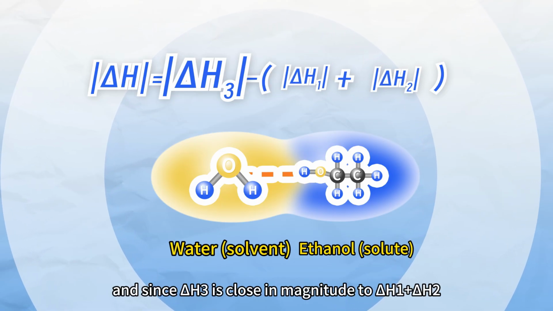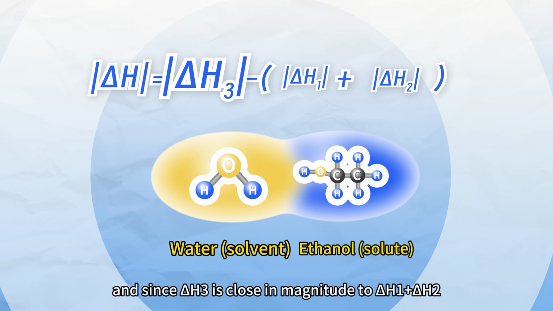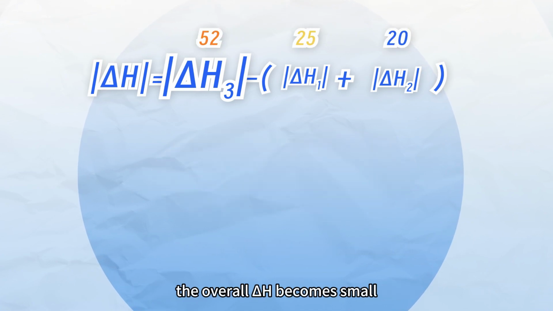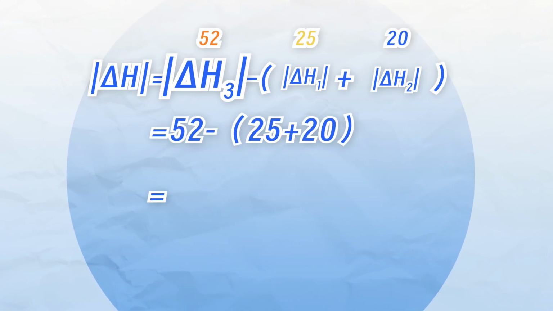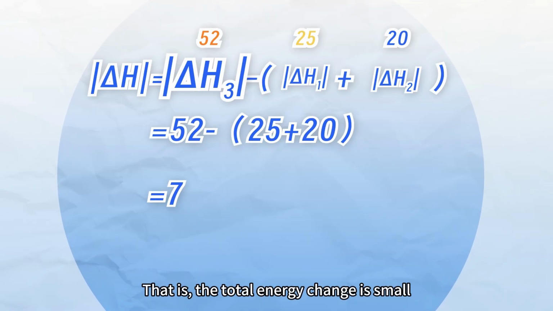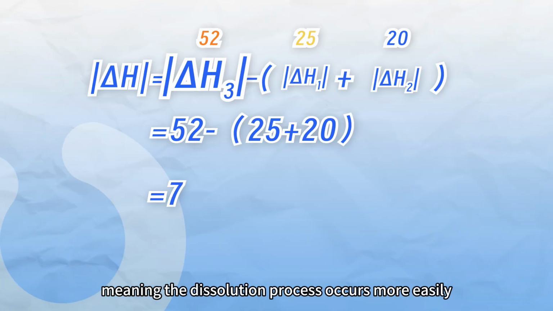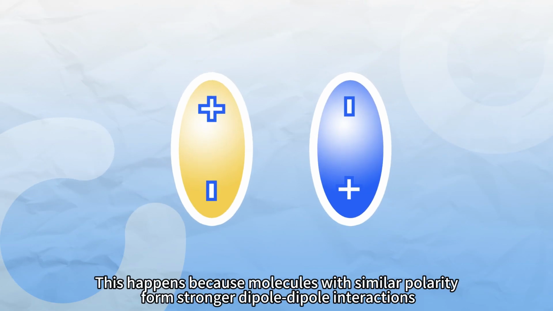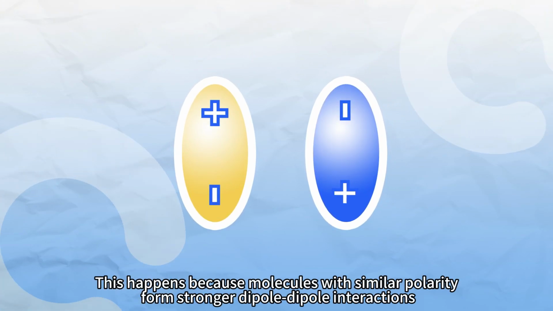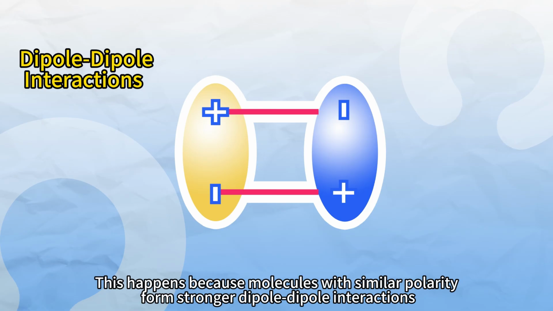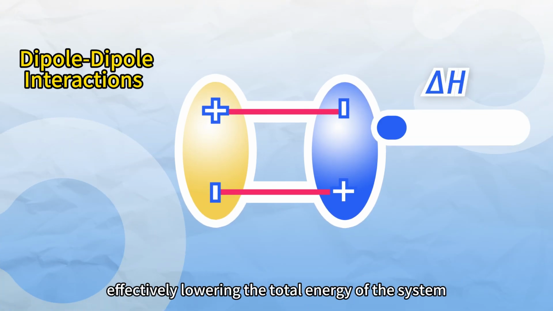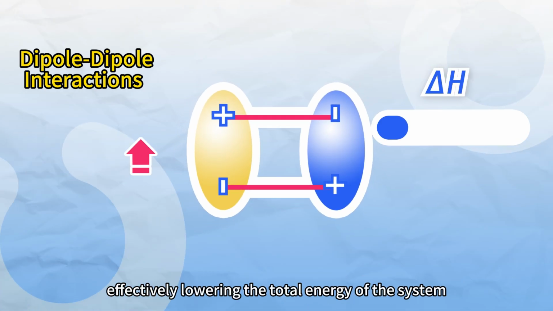And since delta H3 is close in magnitude to delta H1 plus delta H2, the overall delta H becomes small. That is, the total energy change is small, meaning the dissolution process occurs more easily. This happens because molecules with similar polarity form stronger dipole-dipole interactions, effectively lowering the total energy of the system.